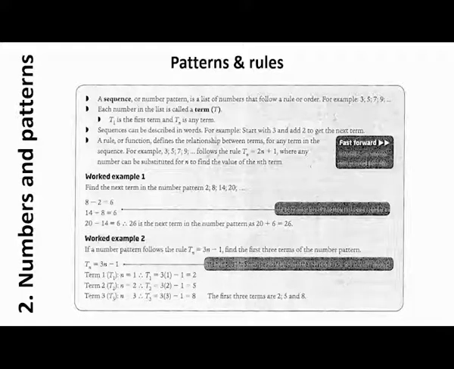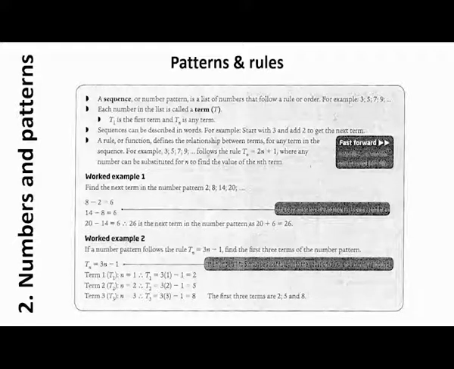For example, start with 3 and add 2 to get the next term. A rule or function defines the relationship between terms for any term in the sequence. For example, 3, 5, 7, 9 follows the rule Tn is equal to 2n plus 1, where any number can be substituted for n to find the value of the nth term.